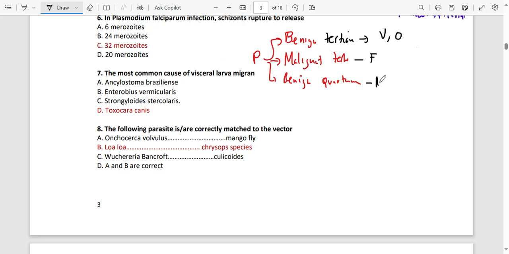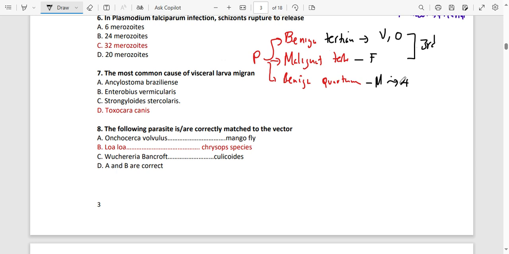This is the malaria. One thing we need to know about these three is that they are going to have fever that happens every 3 days. And then for the benign quartan, the fever happens every 4 days.